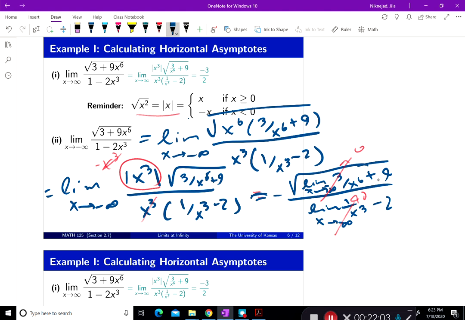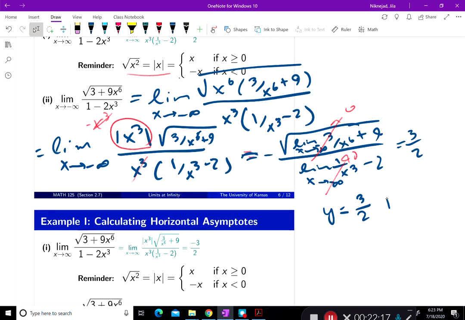So you end up with negative square root of 9, which is 3, over negative 2, which is 3/2. So y equal to 3/2 is the other horizontal asymptote for this function. And so let's look at the picture now.